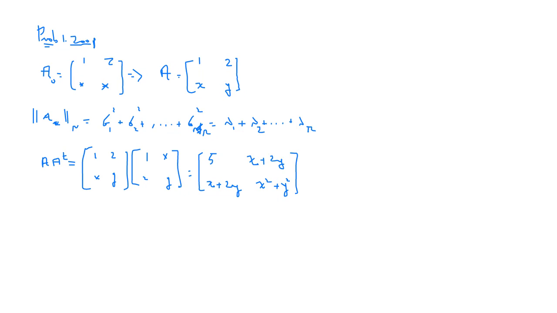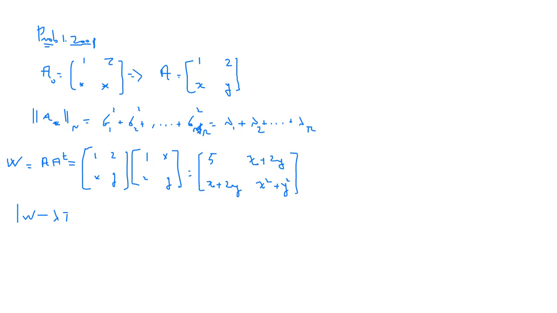Right? Now, to find the eigenvalues of this matrix, we need to find the solution to the determinant of, let's call this matrix, instead of using B's and C's, let's call it big W, okay? Capital W. So determinant of W minus lambda I, how much is it?